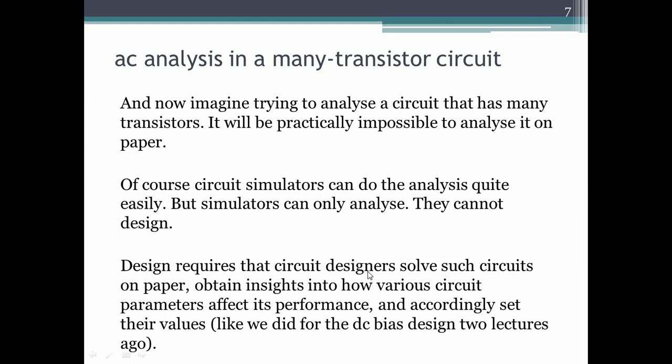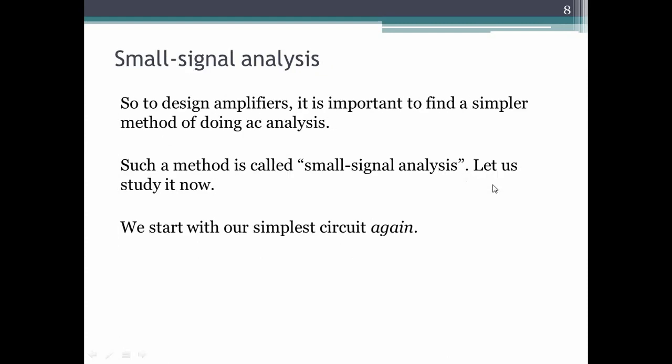An amplifier is an analog circuit because the signal, the input and output, are analog signals, they are not digital. So as far as we are concerned in this course, for analog circuits, we need to learn to analyze circuits on paper, because otherwise we will never be able to design them. And this is what we need to learn.